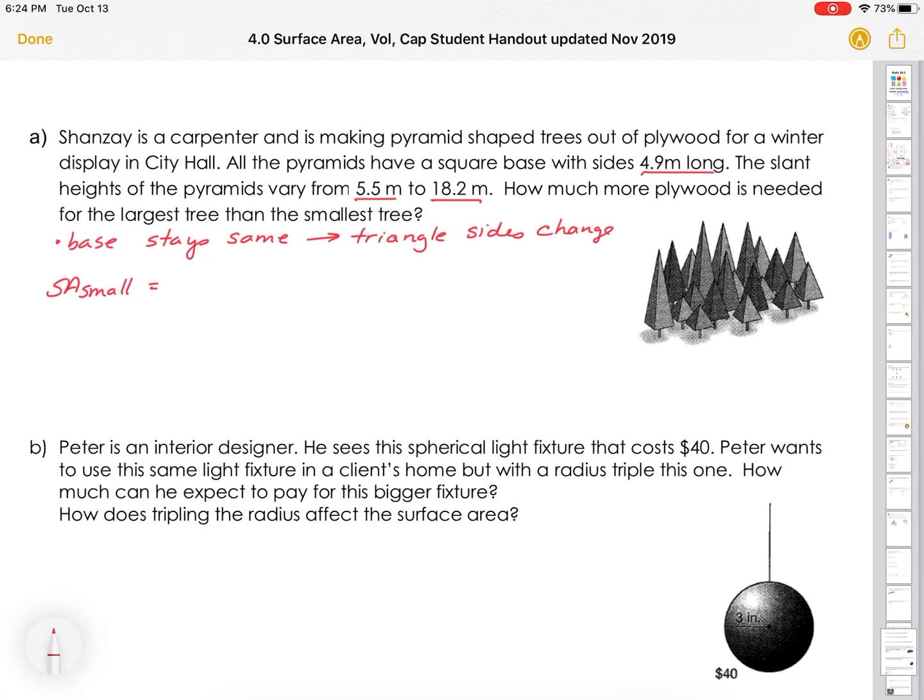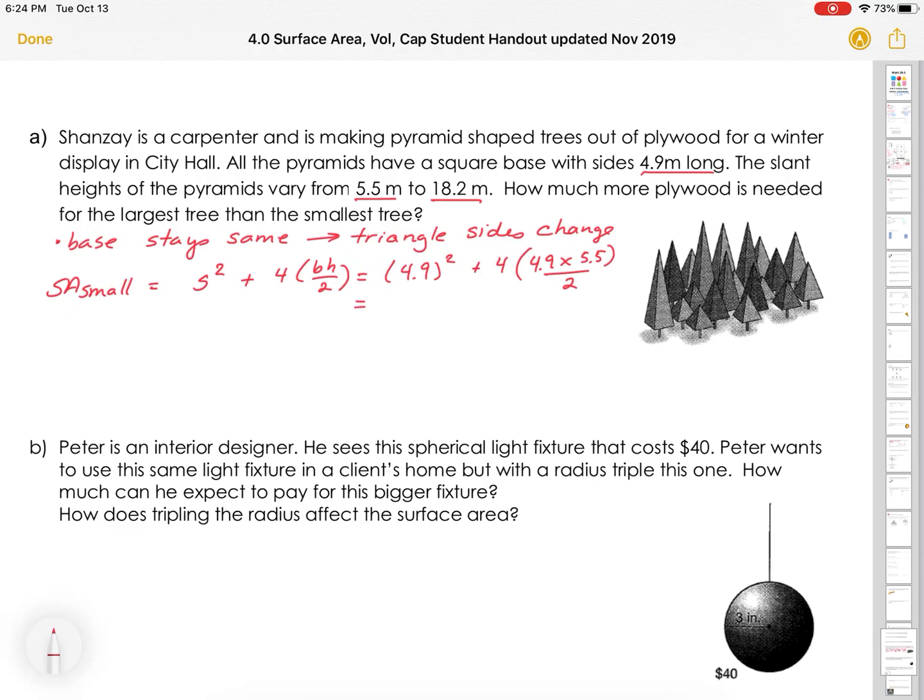So surface area for the small is equal to, well, we have the side squared for the base, right? Plus we have 4 triangles, which are base times height over 2. Okay, now again, the base stays the same. The base is 4.9 squared, plus we have these triangles, and it's going to be 4.9 times, well, the small one is 5.5 divided by 2.